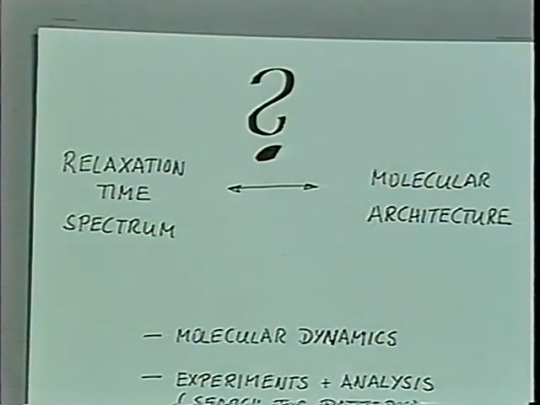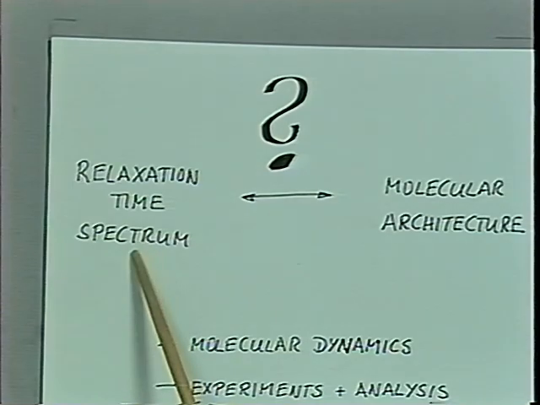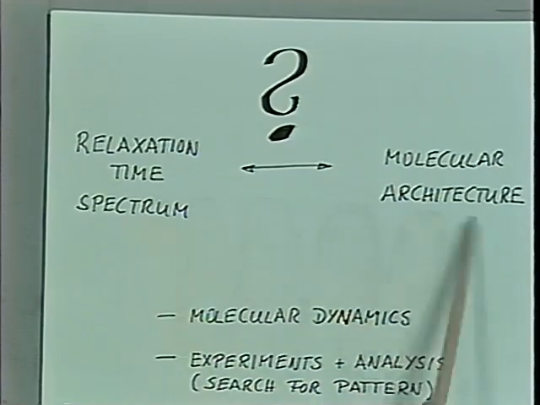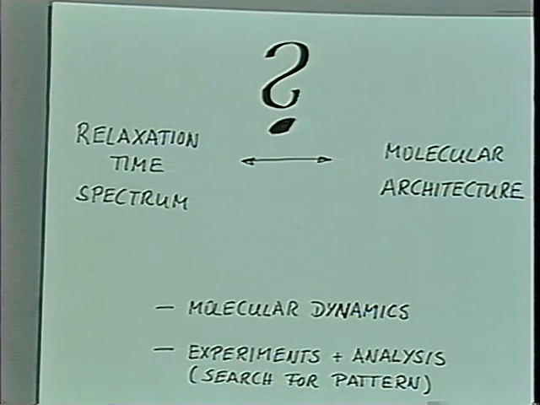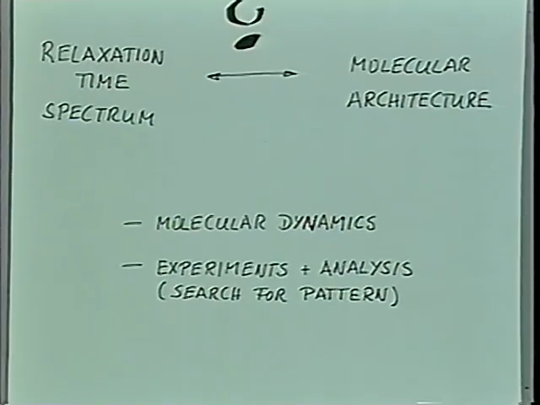But in general, we have to solve this question. We have to relate the architecture to the spectrum. And until recently, we didn't get the spectrum. It was very hard to get the spectrum, so we couldn't do much work in this area. But now we are just plunging ahead. It's so easy, and you will see that. The tremendous advances in recent times.